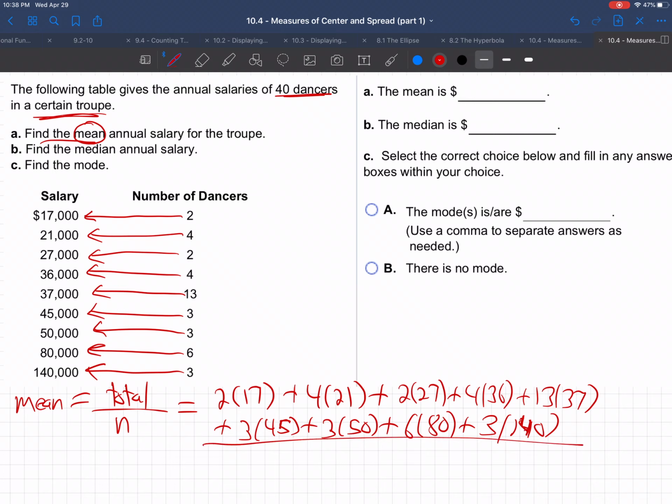And then divide all that by the total number. N is the total number of dancers, which we already know is 40.